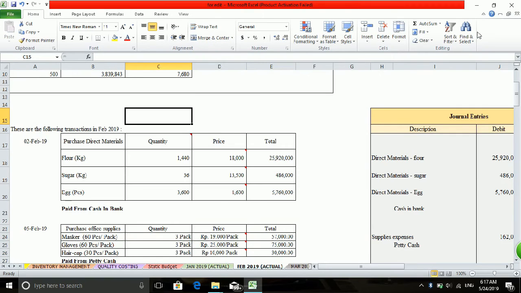All the transactions in February will be recorded in journal entries like January, but there are some price changes. Sweet Bakery managed to bargain with the supplier to sell the flour cheaper, and the price of sugar has risen.